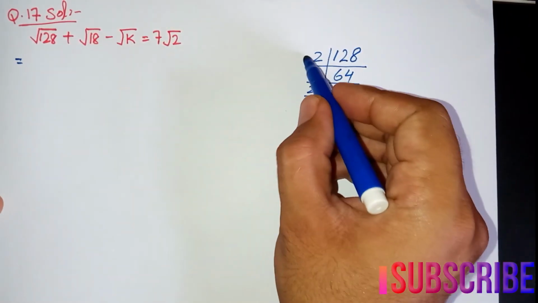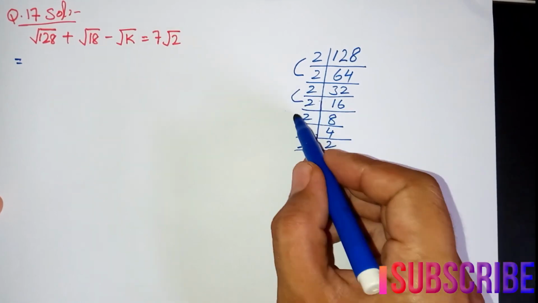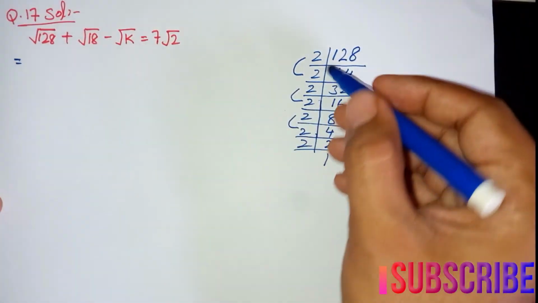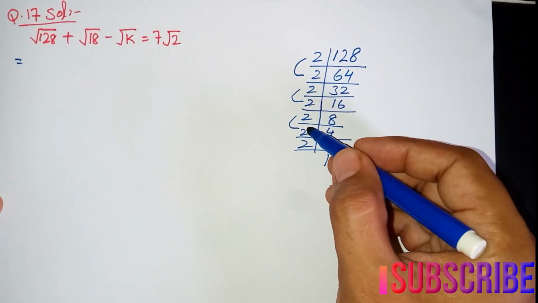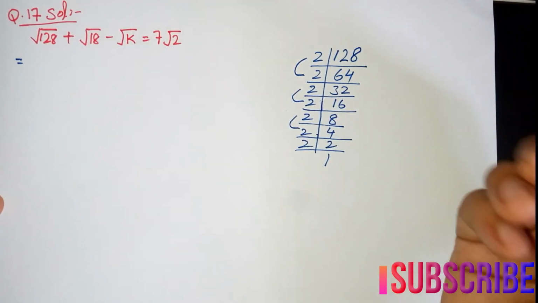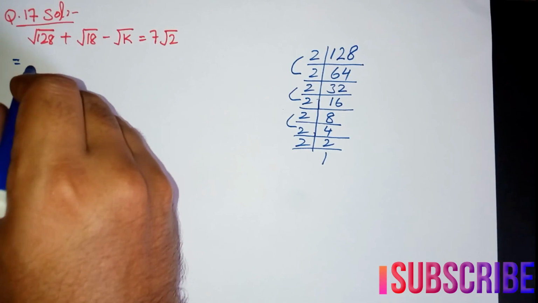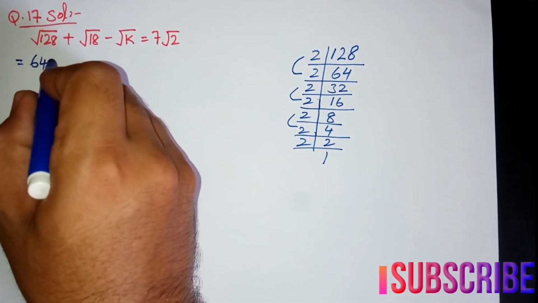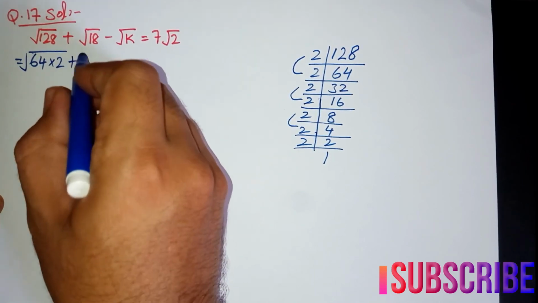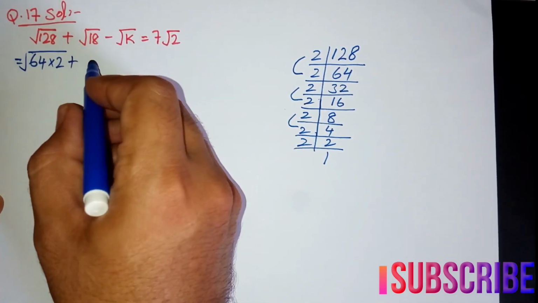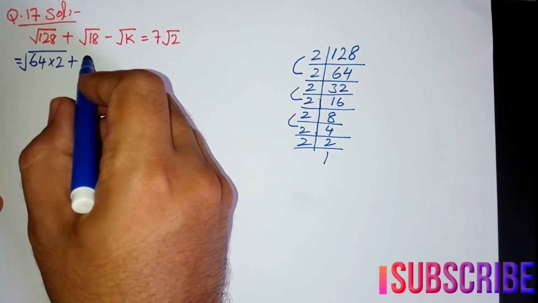So how many pairs do we have? 1, 2, 3. So it means 4 times 4, 16. 16 times 4 is 64. So we can write 64 times 2. So for 18, we know two numbers because 18 is a smaller number.